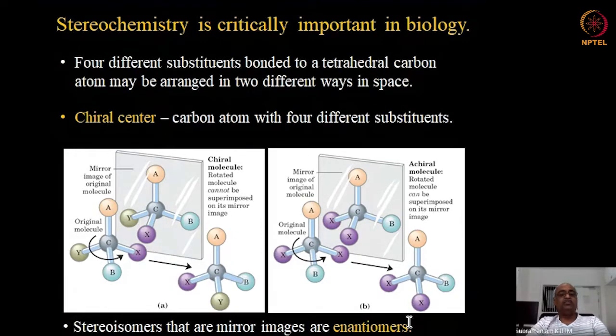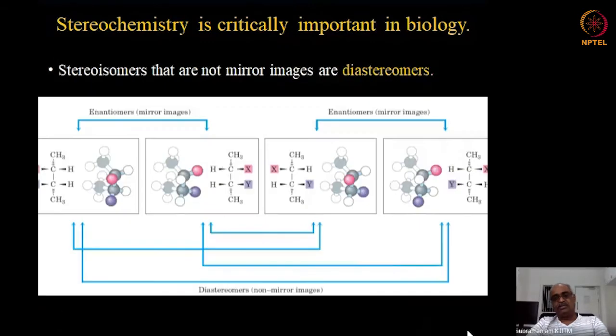You can have a varying orientation around a chiral carbon which need not be a mirror image, and that will not be called an enantiomer. Instead, that will be called diastereomers. So look at the molecules shown here: CH3, then you have CHY and CHX. This will be the mirror image of this, but if you take this one here, this is a diastereoisomer.